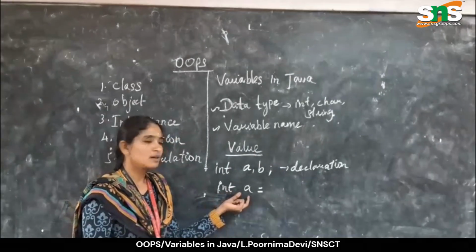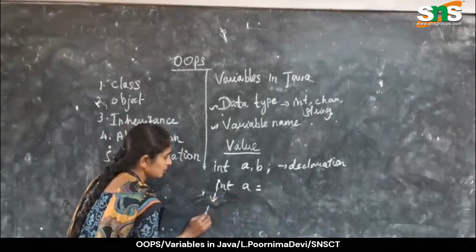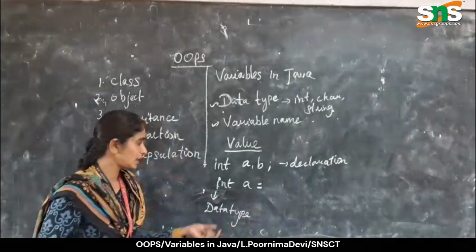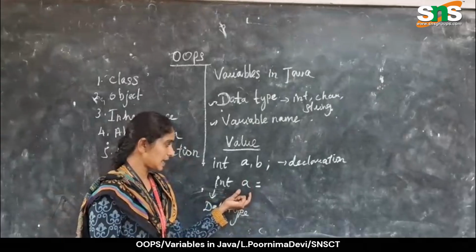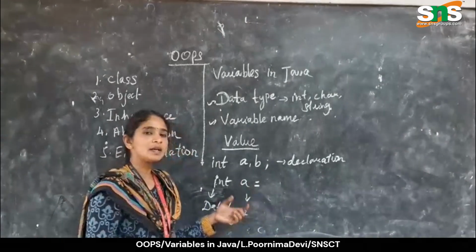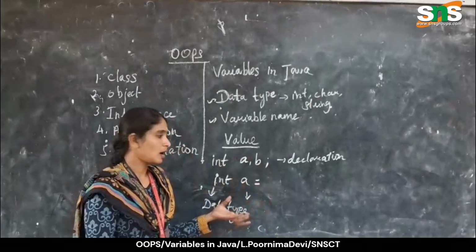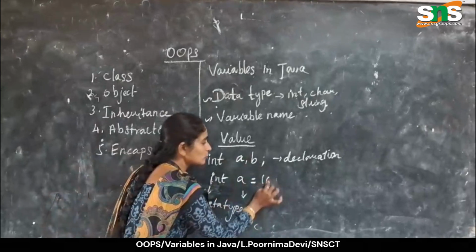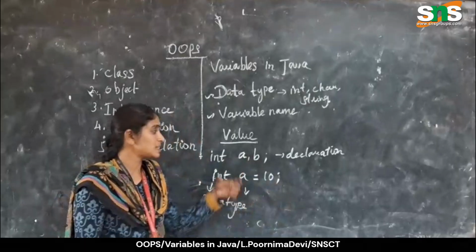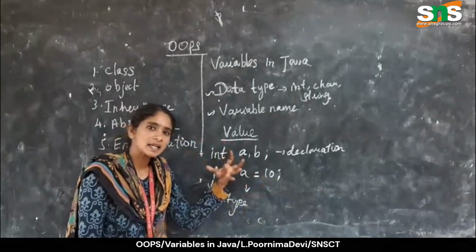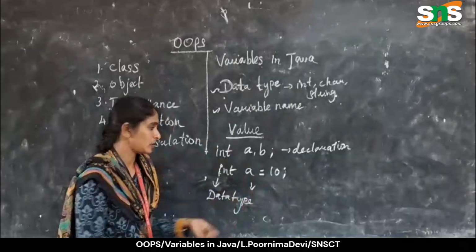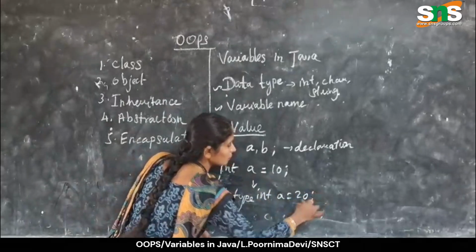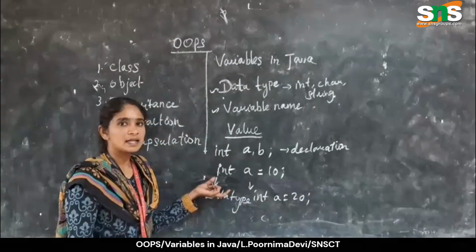Integer is the data type of the particular variable, and a is the variable name. The variable name can be changed to any name of our choice. I assign the value to the particular variable: integer a equal to 20. This is my initialization.